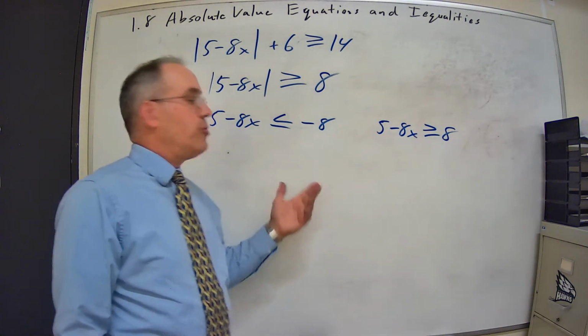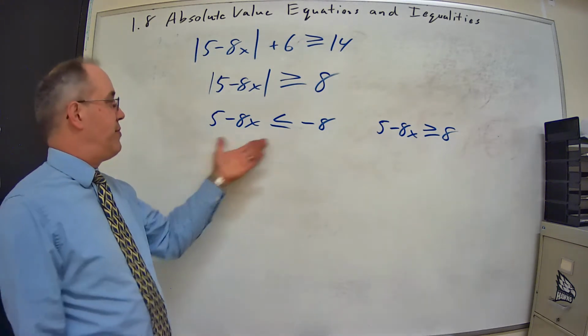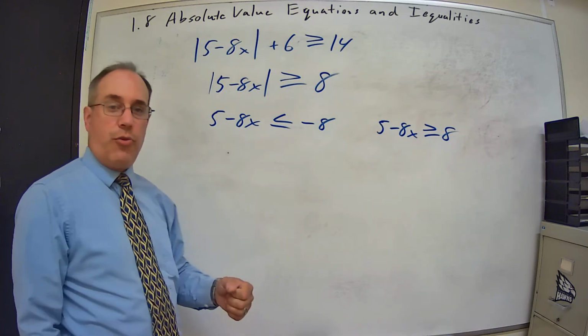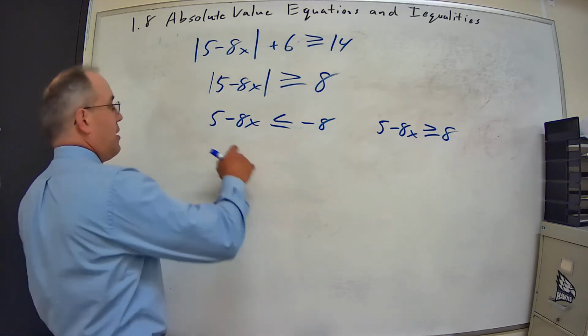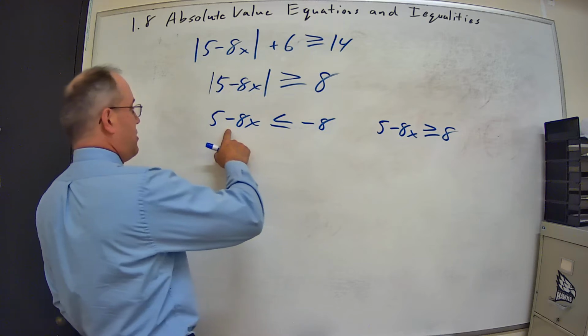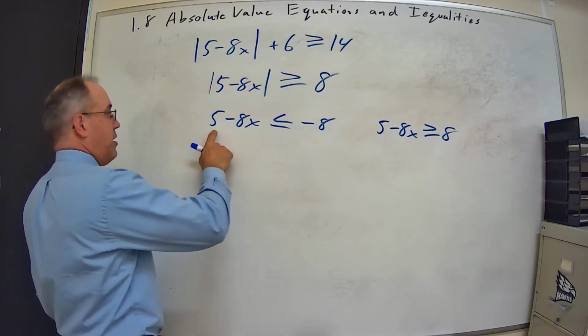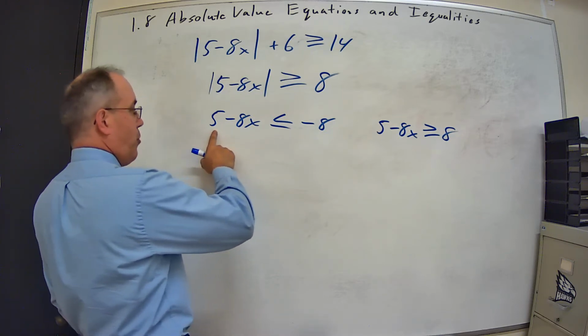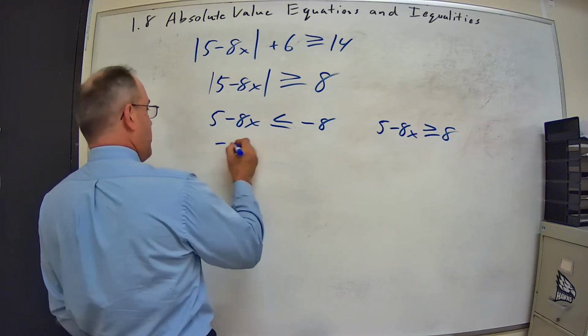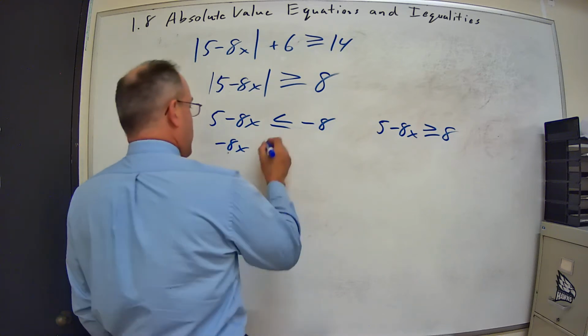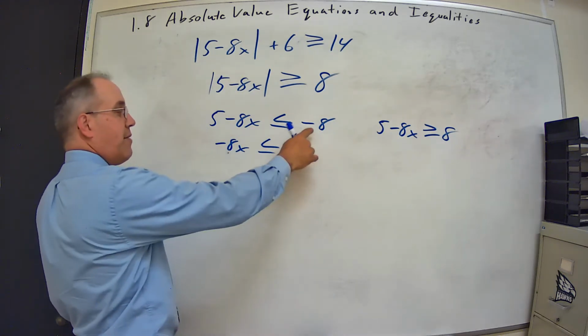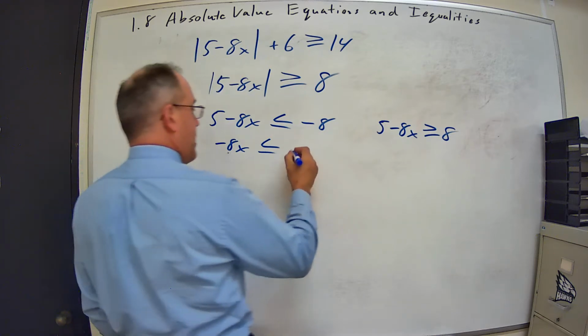So we've got these 2 inequalities to deal with. Now that we've got it to that point, we're just going to go through and solve for x. So the first thing we need to do is we're trying to get x by itself, so we're going to subtract 5 from both sides. So negative 8x less than or equal to, if I subtract 5, negative 8 minus 5 is negative 13.